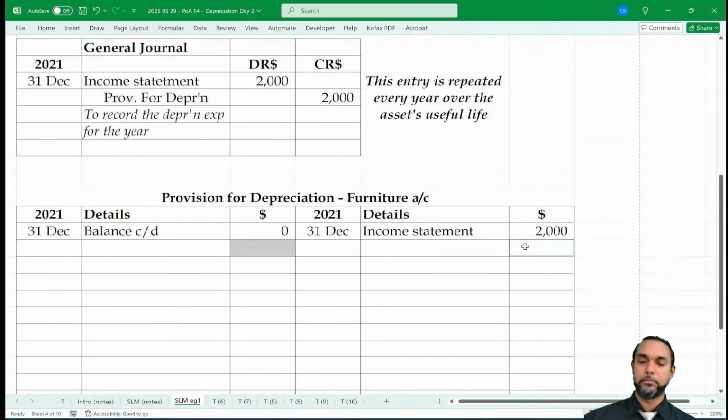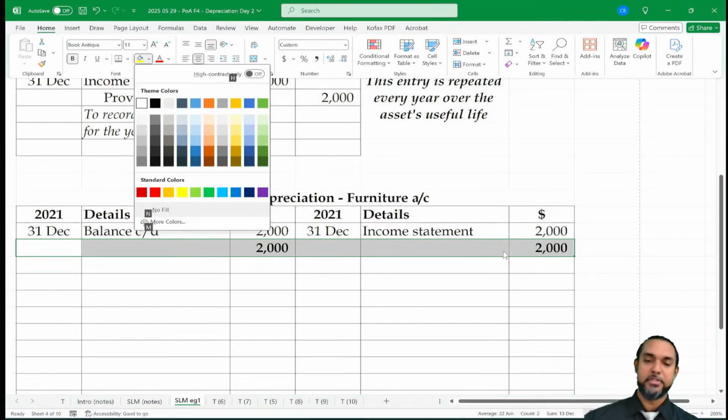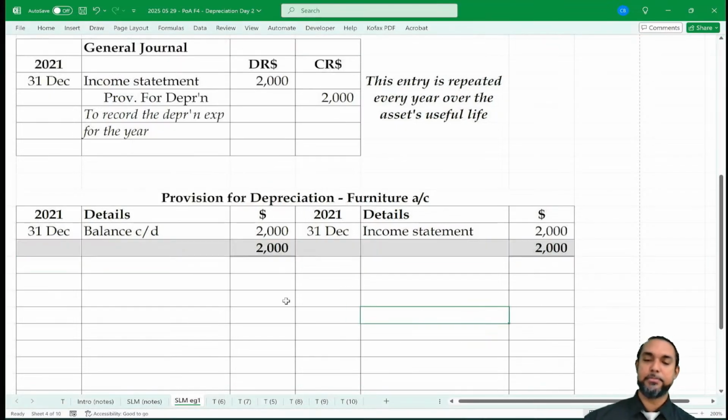Because it's going to be hard to see the double lines, I'll just highlight across in gray to show that's where we're closing off that year. Not closing off per se, but that's where the end of that year is.